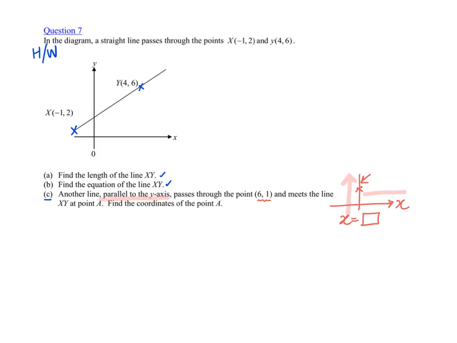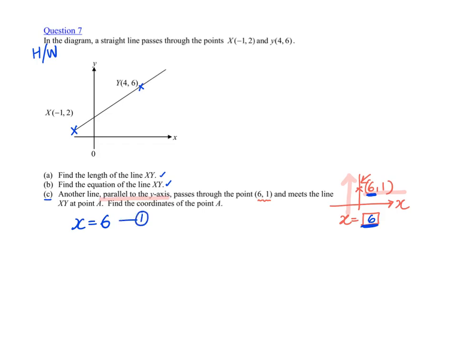So there is a point on it, (6, 1). If it's x equals to something, what is the x value? It means x is actually equal to the number 6. So the equation of this line is x = 6. This is equation number 1.